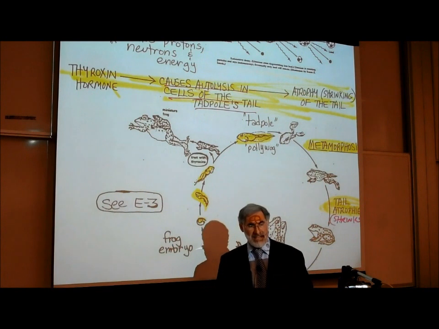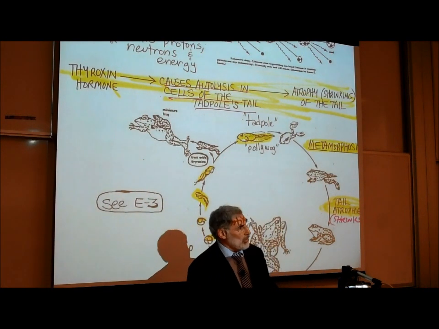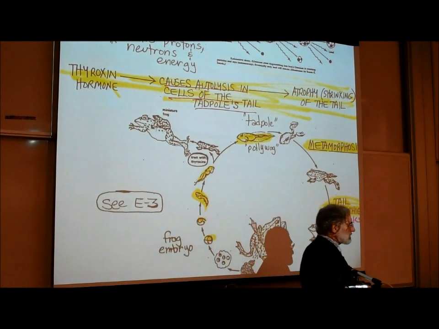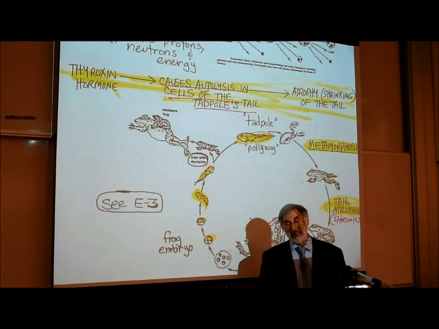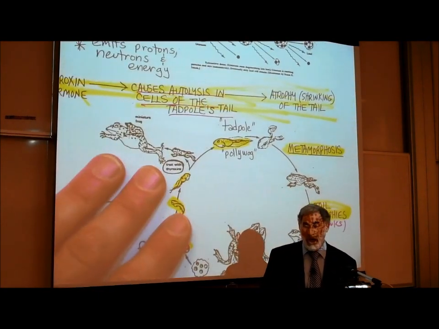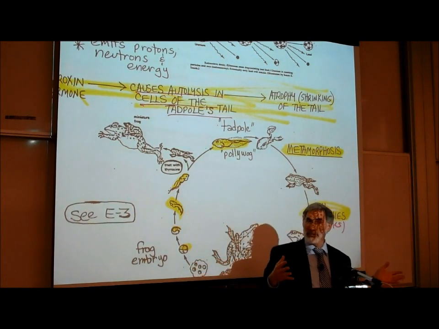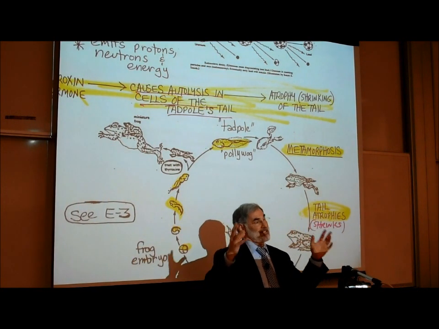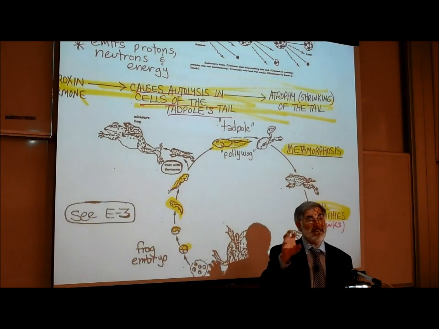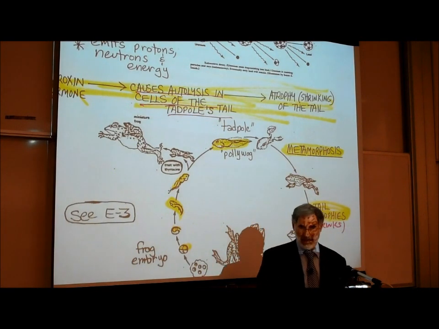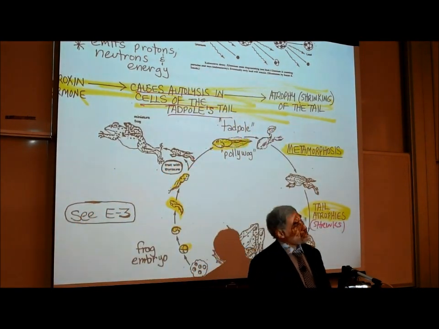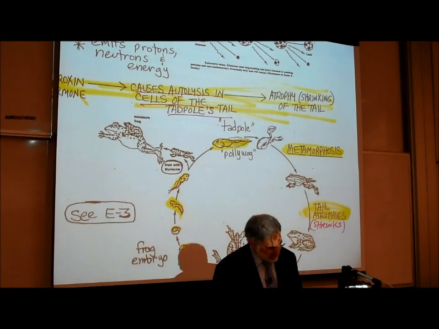Self-destruction in the cells of the tadpole's tail. So one of the things that thyroxine does is it doesn't cause the tail to fall off, it causes the cells to self-destruct. The lysosomes rupture, that's called autolysis, the cells self-destruct, and this tail atrophies or shrinks in size. So that's a third example of the role of lysosomes.